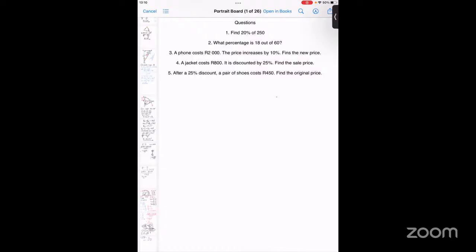I've got some questions there that I would like for us to go through, where at first you are required to find 20% of 250.